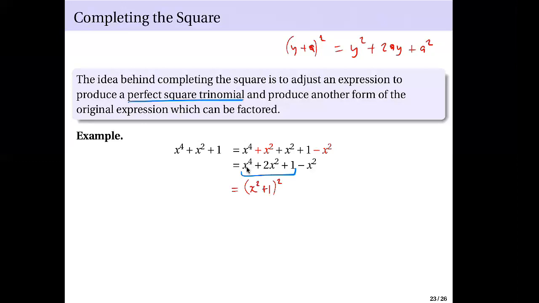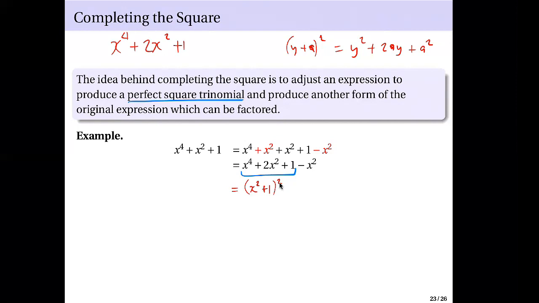You can write it as x squared squared. So from this up to this, try to practice. Try to factor x to the 4 plus 2x squared plus 1, and you should end up with this.